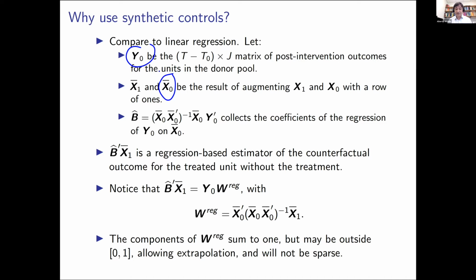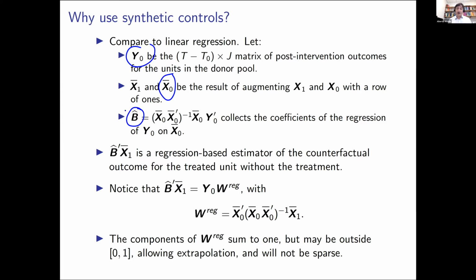Once I have that, I know how to estimate regression coefficients with the usual formula. Each column of this beta hat is going to be the regression coefficients for one of the post-intervention periods.